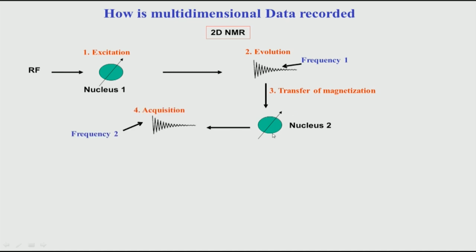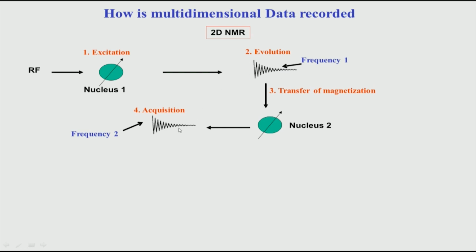Now, that transferred polarization is detected by exciting this nucleus. Remember, this nucleus has only received the transfer, but we have not excited it. So, we have to excite this nucleus. When we do that, that nucleus will start moving in its chemical shift, but it will carry the information of the chemical shifts coming from here.